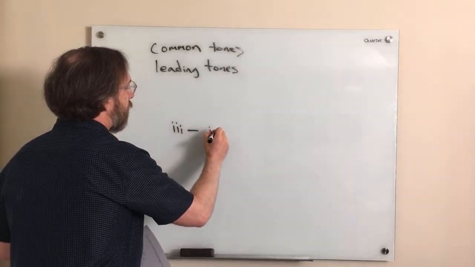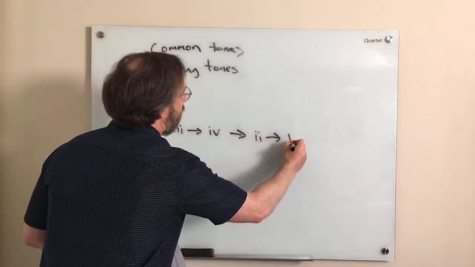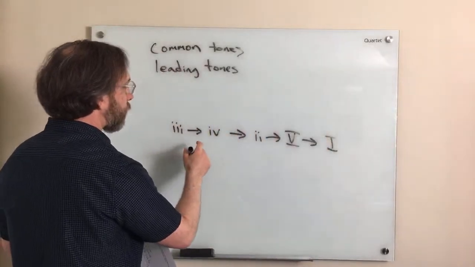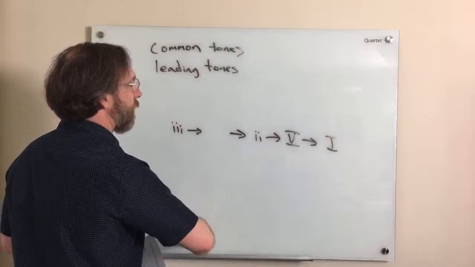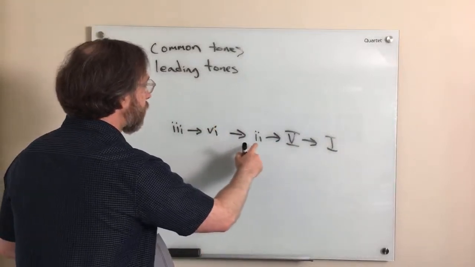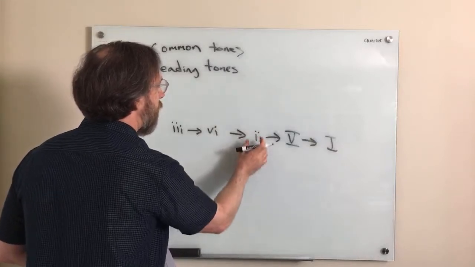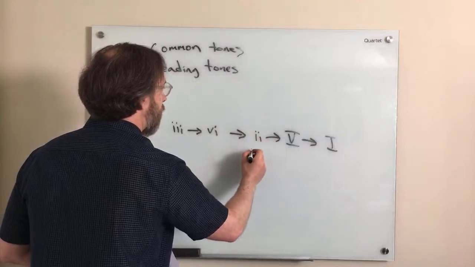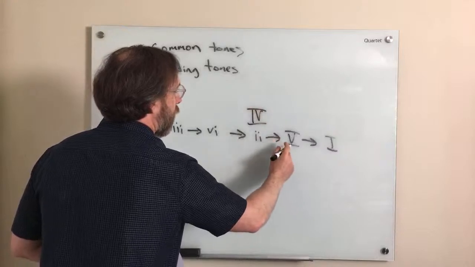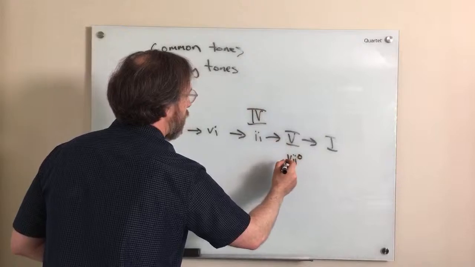So 3, 6, 2, 5, 1. Now there's more to it, right? Let me not make mistakes and confuse you all. 3, 6, 2. In addition to 2, this is our predominant phase. You can also have the 4 chord. The 5 is the dominant, 7 diminished.